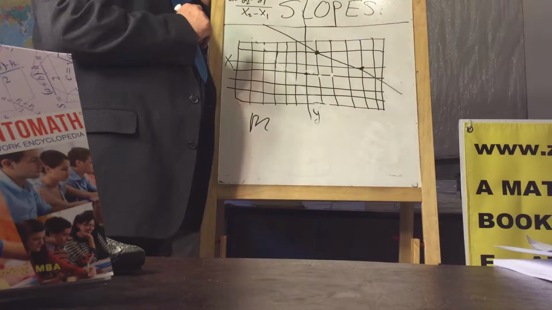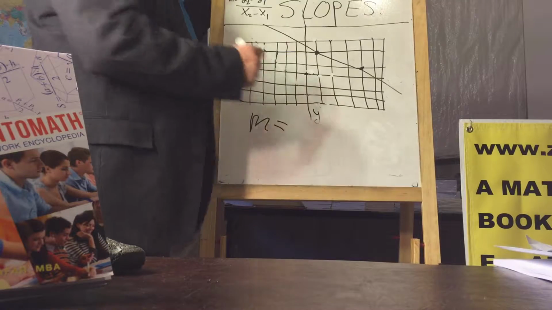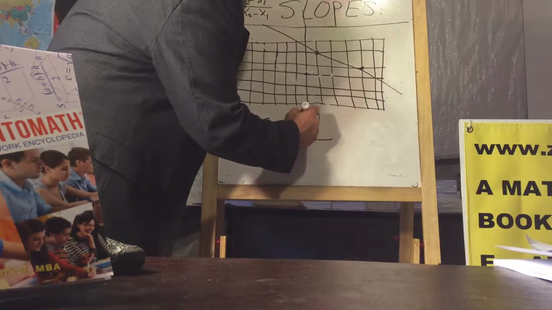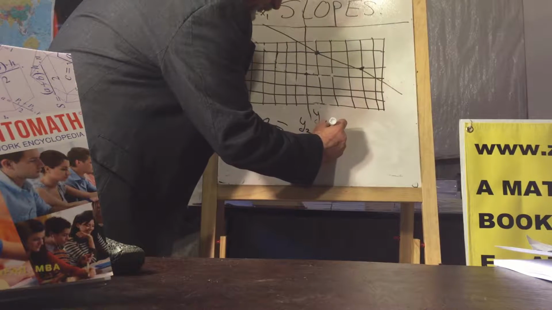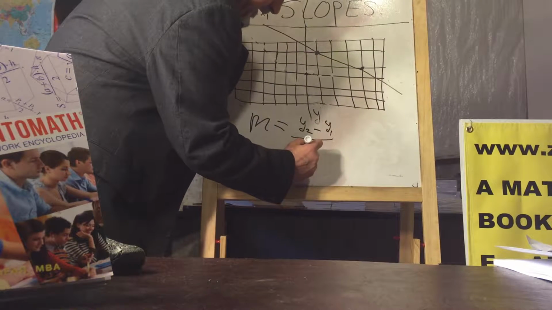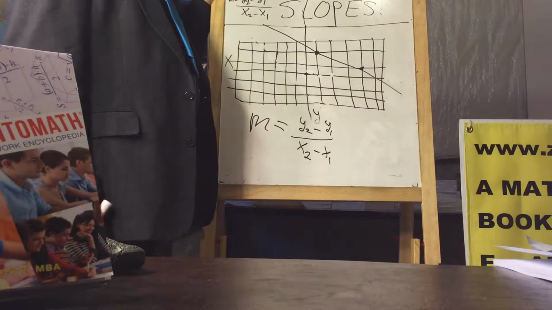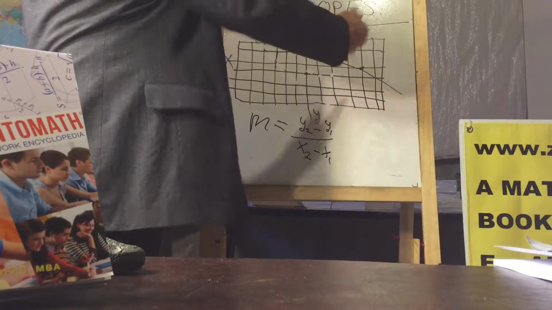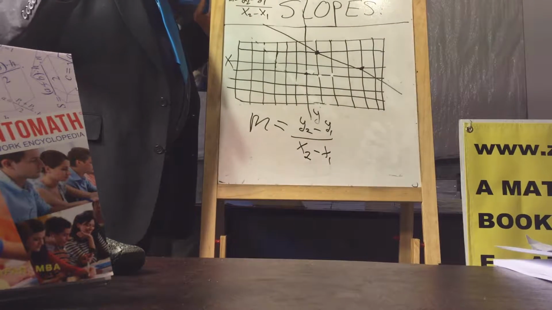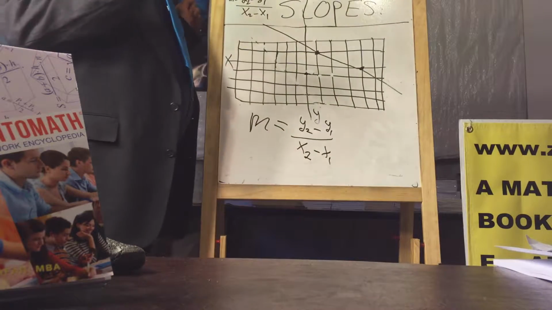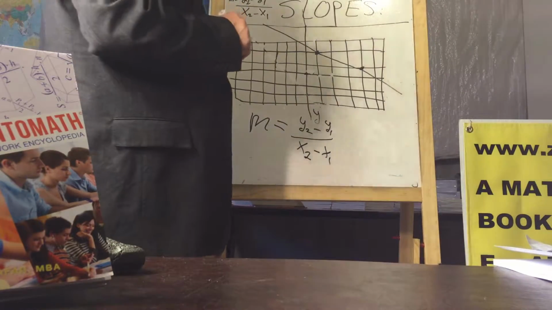Now slope m, we know the formula is y2 minus y1 divided by x2 minus x1. But you see a figure like this, how do you know which one is x1, x2, y1, and y2? You don't know, so this figure will let you know.